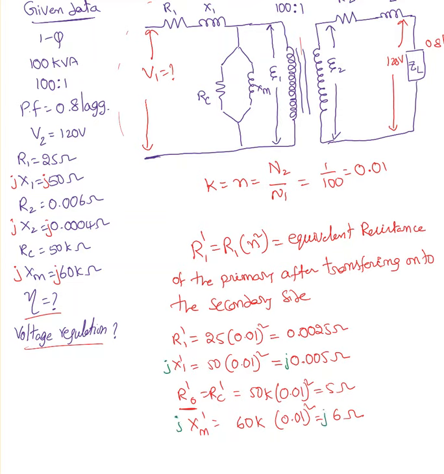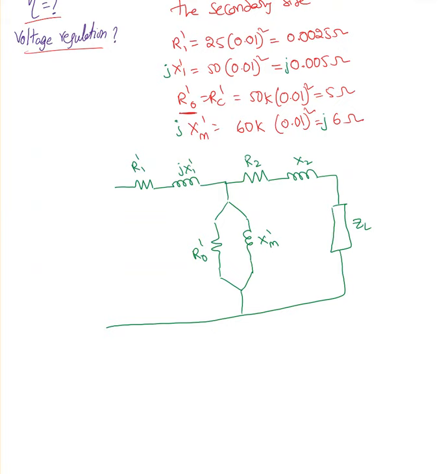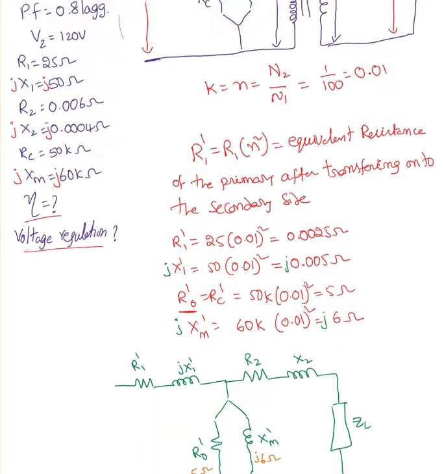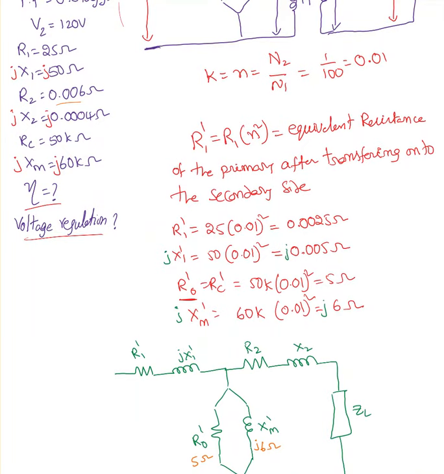Now I'm going to draw the equivalent circuit referred to the secondary side. Here is the equivalent circuit looking from the secondary side. This is 5 ohms, this is J6 ohm, and R2 we didn't change anything, so the R2 value is 0.006, and this is J0.004.